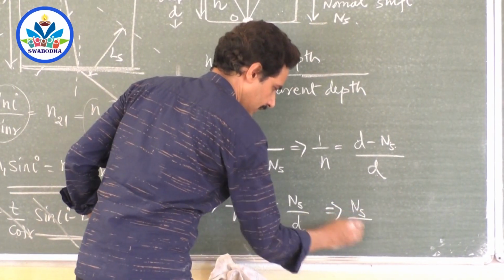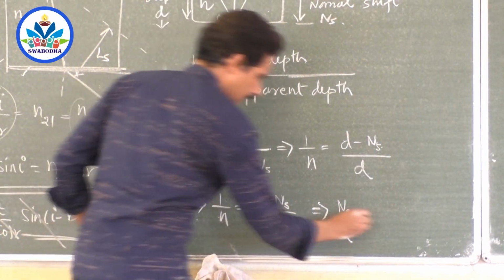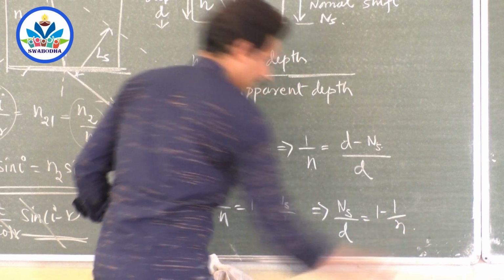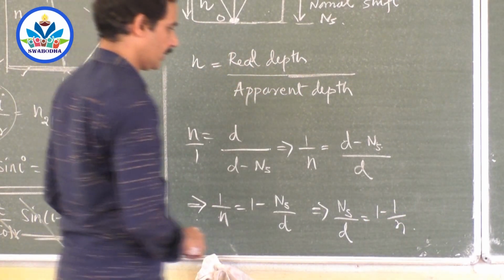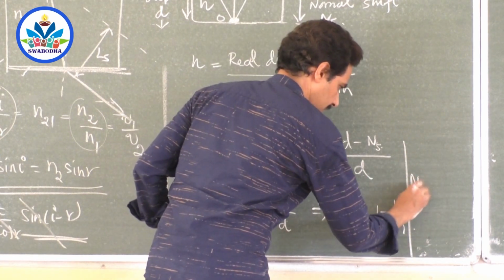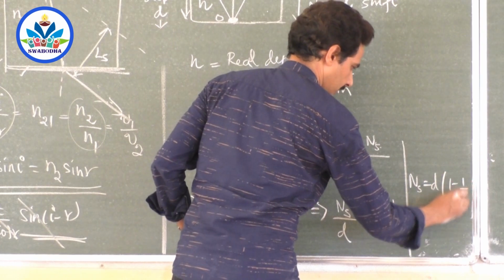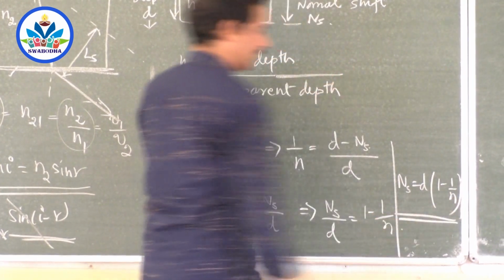Normal shift by real depth is equal to 1 minus 1 by n. So normal shift is equal to the real depth into 1 minus 1 by n.